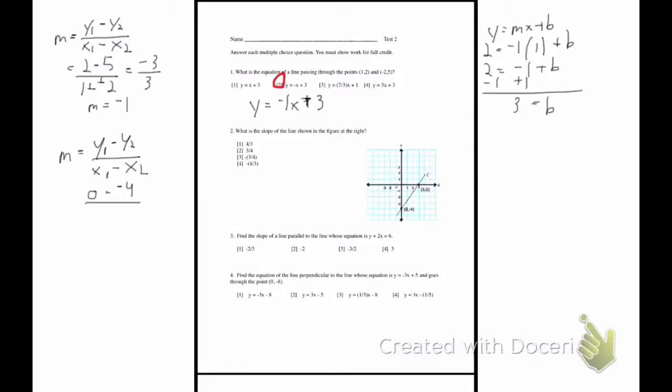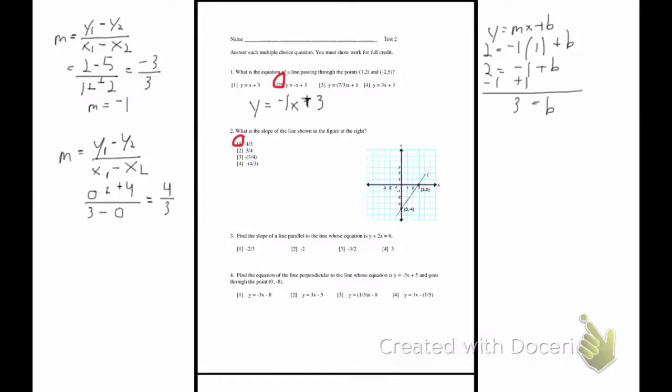We divide that by our x1, which is 3, minus our x2, which is 0. And we are left with plus plus 4 over 3. We look at our choices, and we can see that choice number 1 is the correct answer, 4/3.